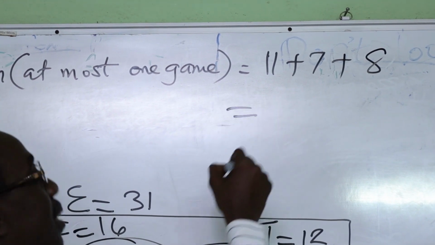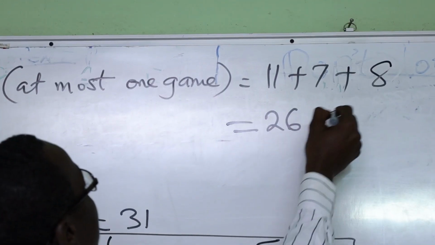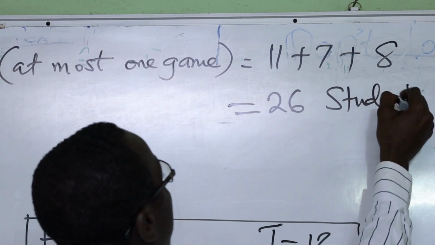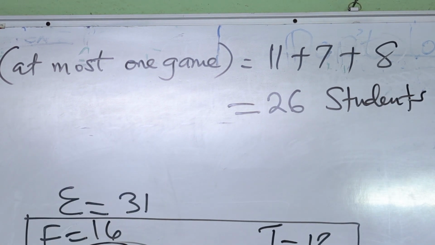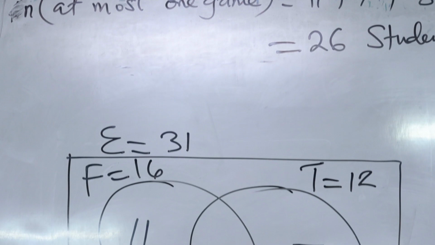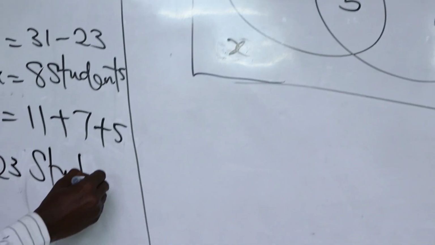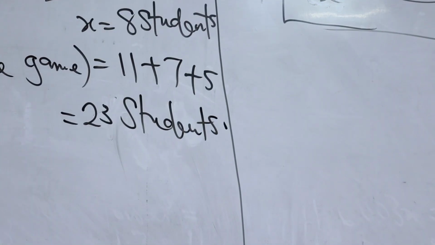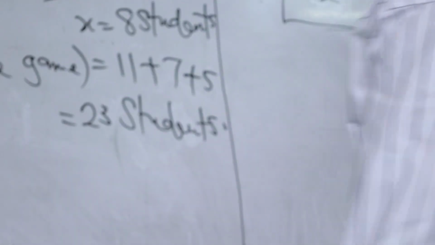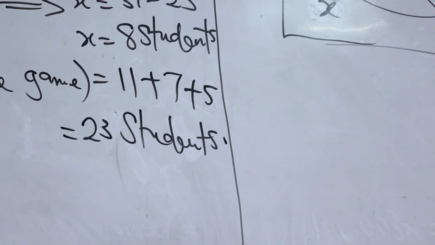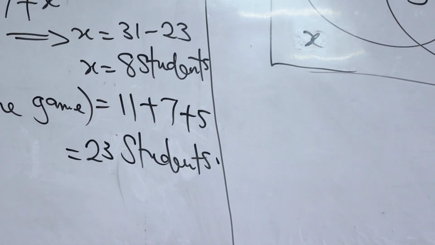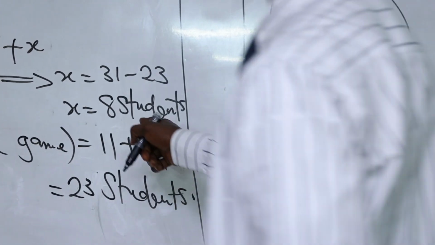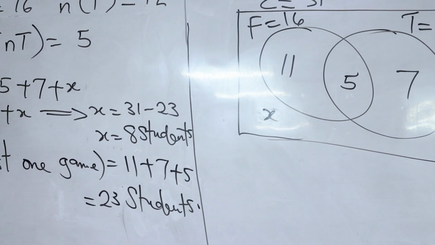And this is what? 26 students. Are we still on the same page? Great. The next question there is none of the games. It's clear now. None is what? X, which is 8 students.